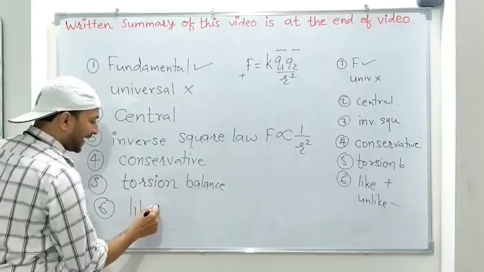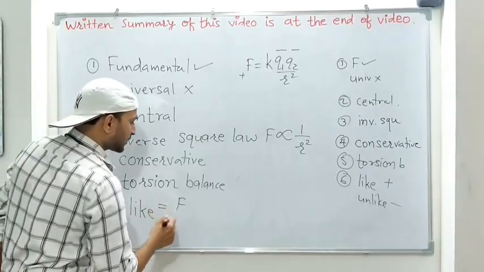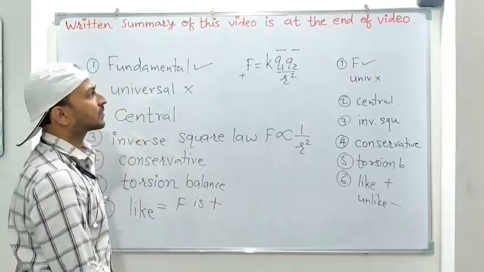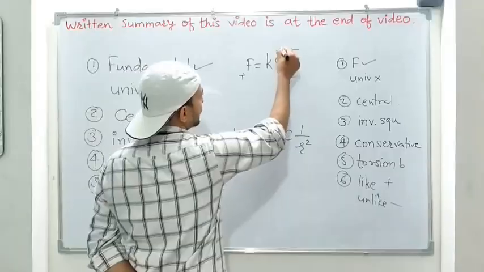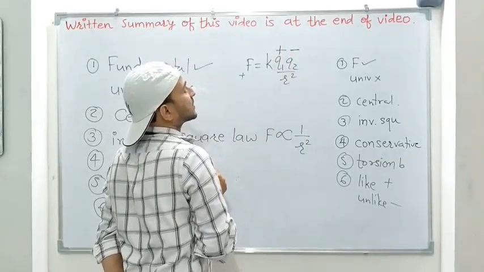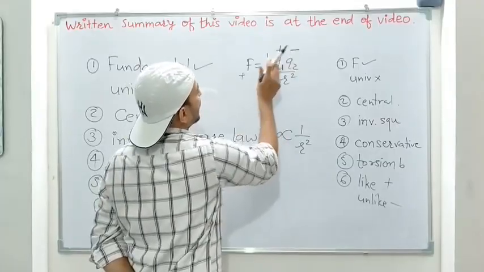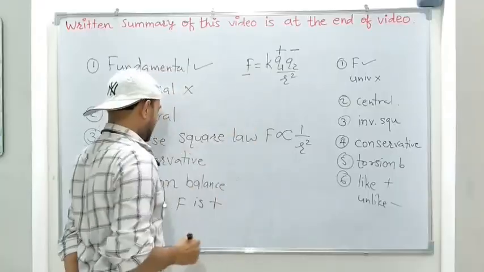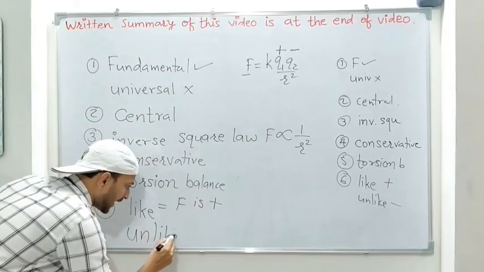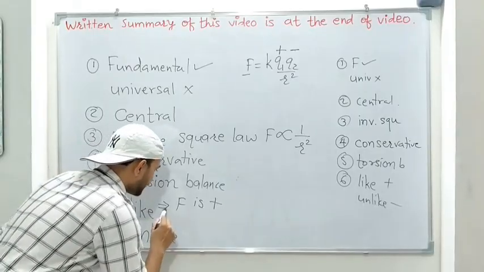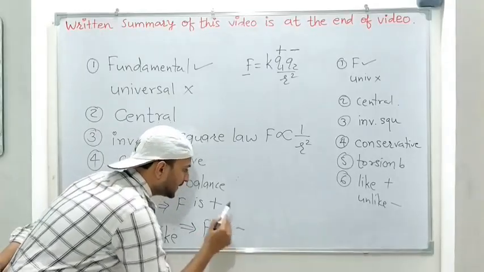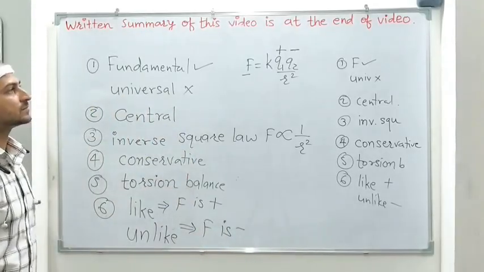So for like charges, the Coulomb's force is a positive force. For unlike charges, one is positive, other is negative. They are called unlike charges. So plus into minus is minus. So for unlike charges, Coulomb's force is a negative force.